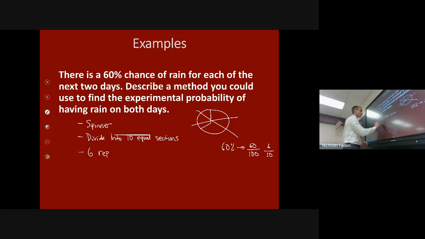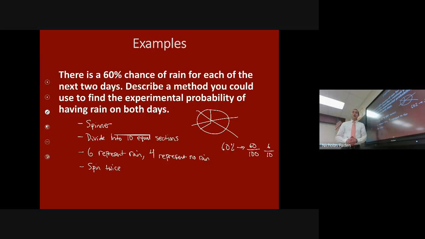So 6 represent rain, 4 represent no rain. You would probably want to label those, or maybe blue is rain, red is no rain. And then you need to spin this twice because you're looking at it for 2 days in a row.